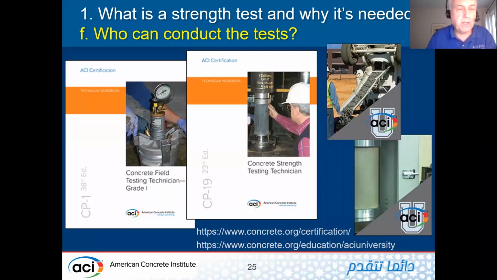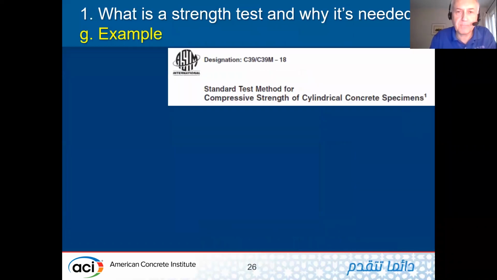I believe in the region it is ACTS that provides the certification. You can find a little bit more information on the ACI website under certification, and there are also learning resources through ACI University that provide information on how to prepare for those tests. So, okay, we talked about everything.